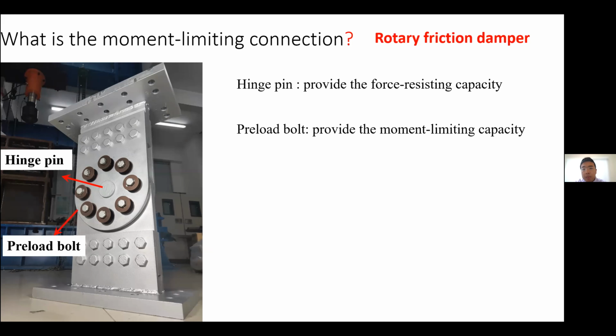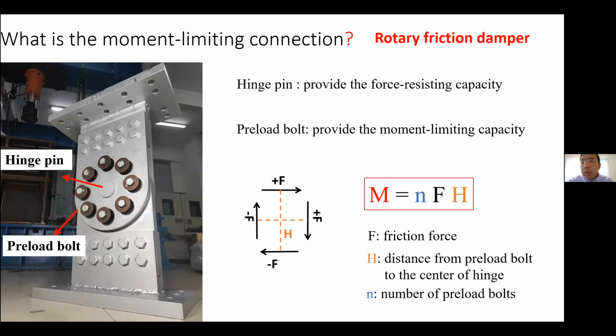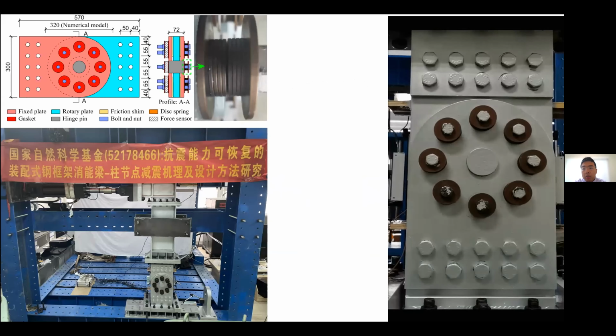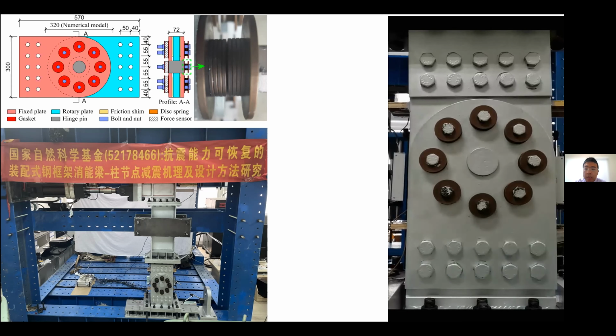And around the pin, we place a lot of preload bolts to prevent the moment limited connection from sliding too easily. Because the preload bolts will have a friction force, if we multiply the friction force and the distance between the bolt and the hinge, it is the moment limiting capacity, right?